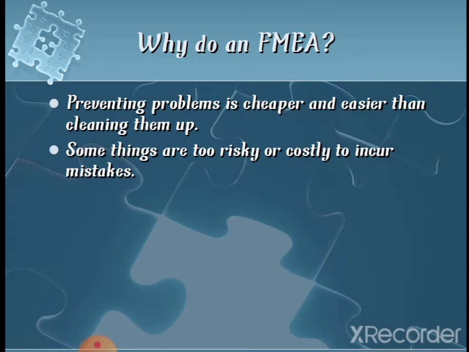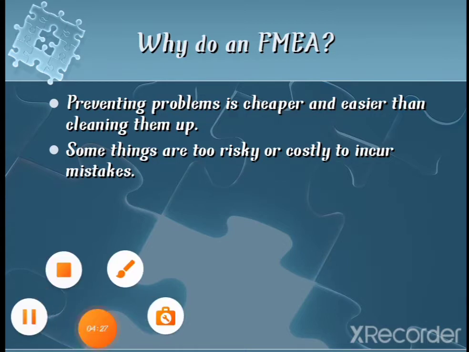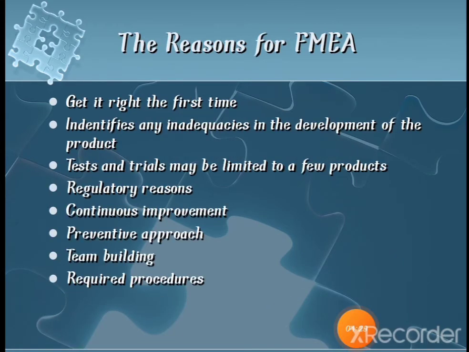Now we will study the next one, reasons for FMEA. We have all studied JIT, which is just in time. What is the motto of JIT? Doing everything right the first time.